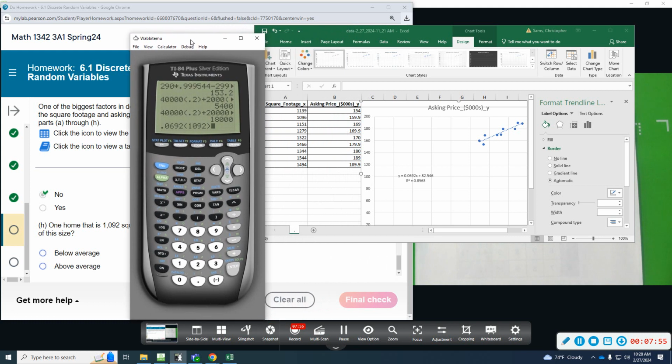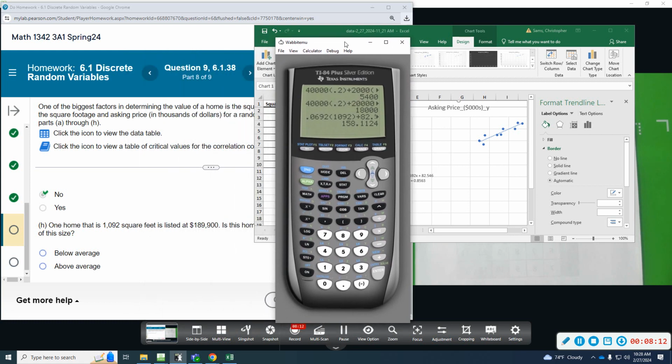And then I'm going to add the 82.546. Okay. So this is giving me about 158 if I multiply this 1,000 times 1,000. Okay. So this is what the asking price is, 158,000 according to our model.